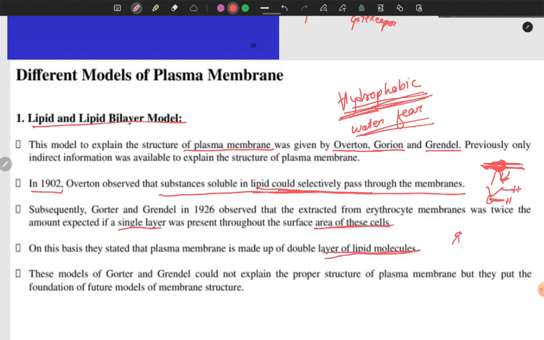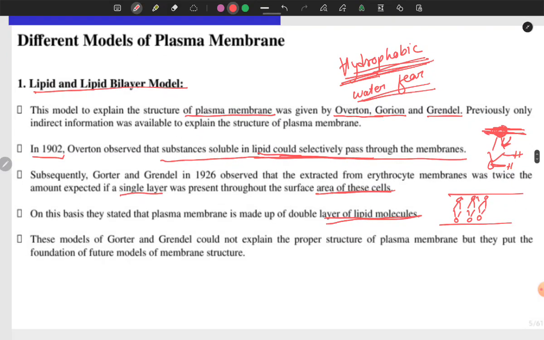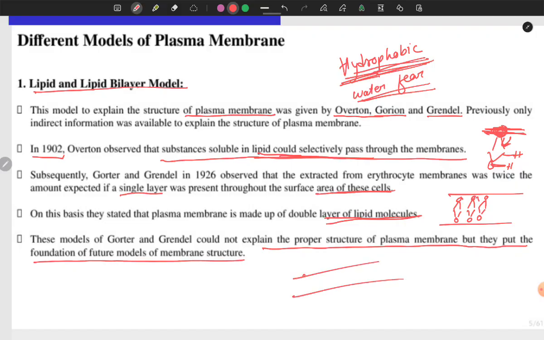It is this way: the tails face each other, and in this way the membrane layer is made. This model could not explain the proper structure of the plasma membrane, but they laid the foundation of future models of the membrane structure. They basically gave the basic structure of the plasma membrane, but couldn't clarify everything that is present on it.